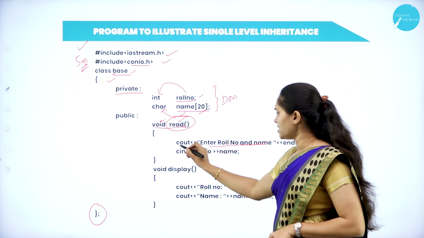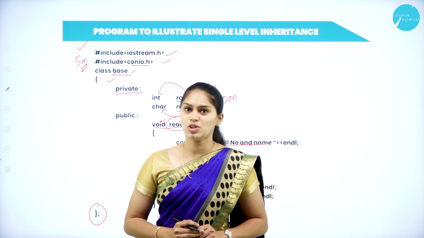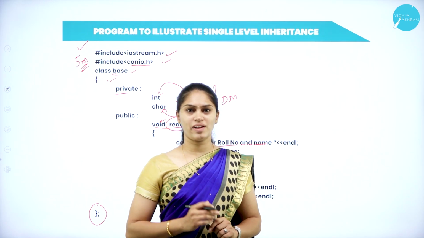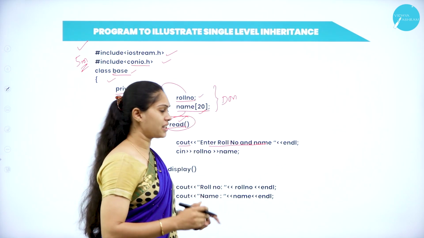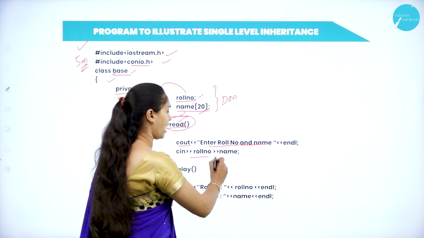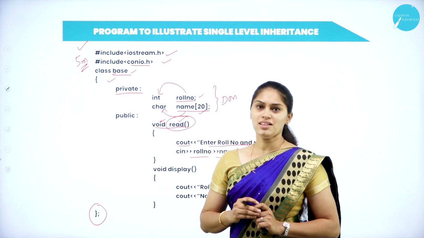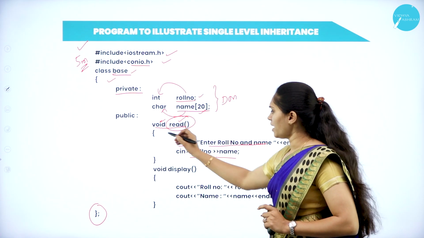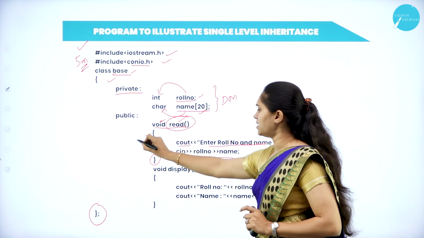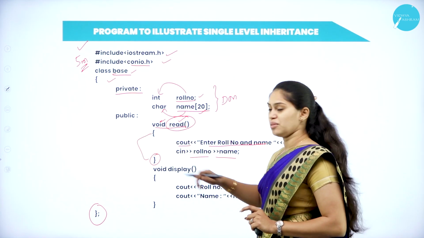Here, by making use of the cout statement, I am asking the user to enter the roll number as well as the name. Whatever content you give will be saved in roll number as well as name by making use of cout and cin statements. And I am going to close the scope of this read member function.